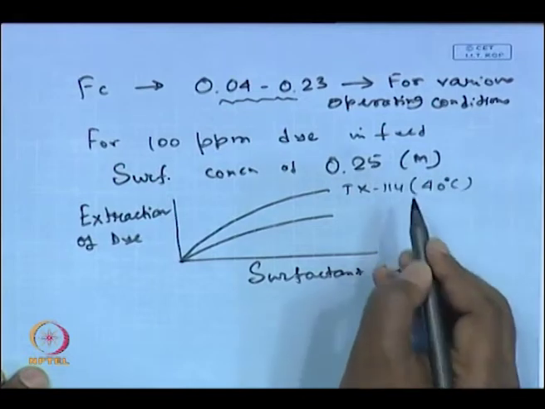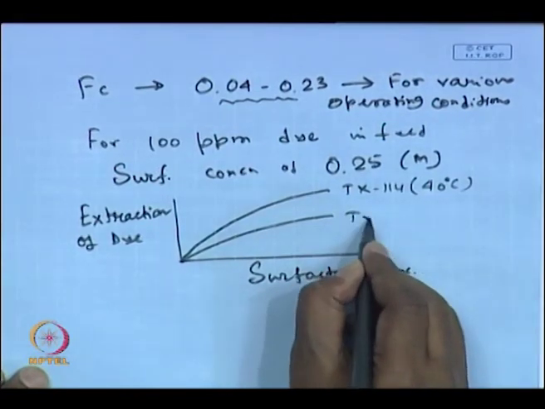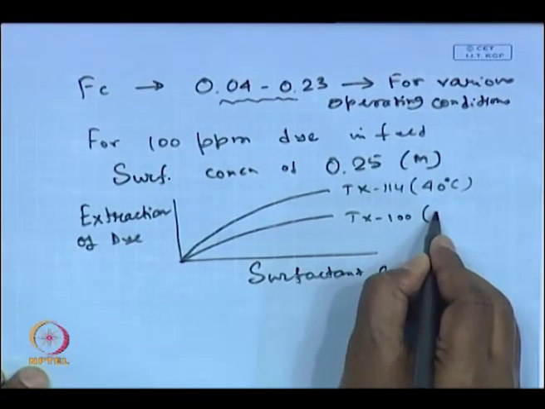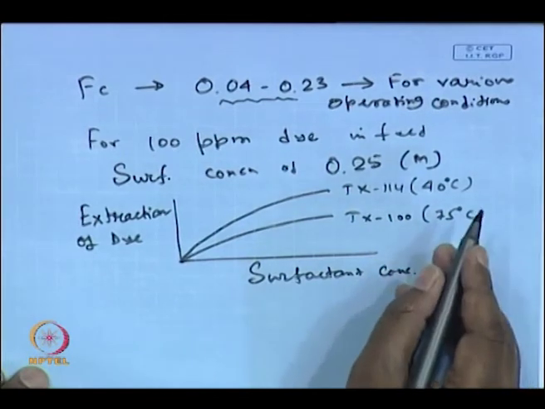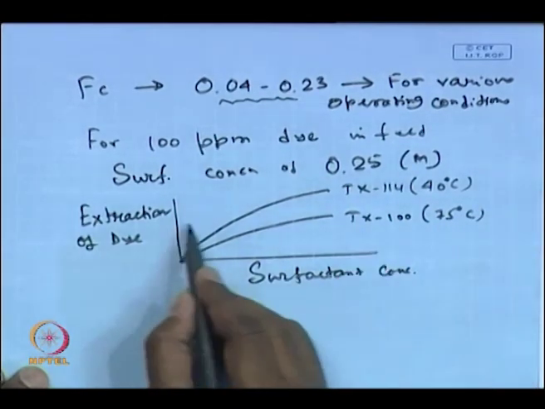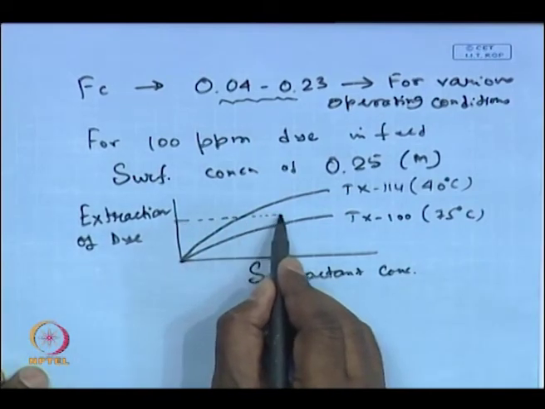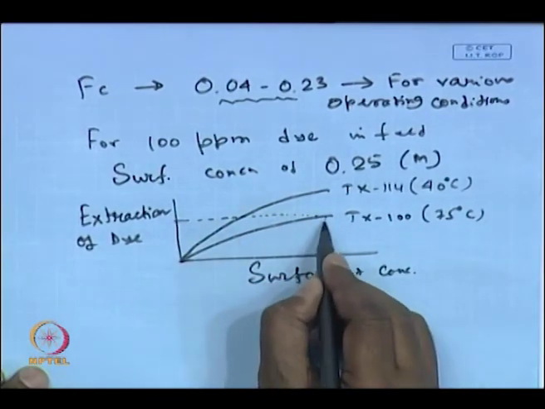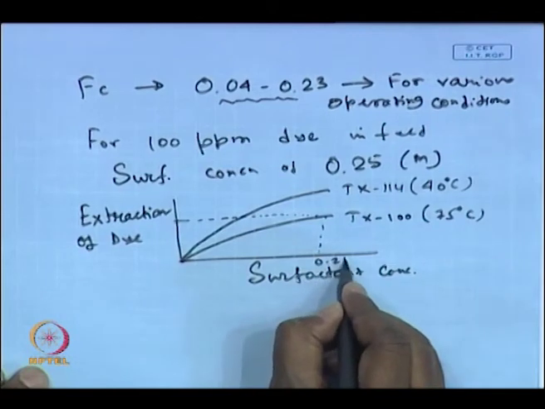The operating temperature is 40 degrees for TX 114, and for TX 100 the operating temperature is 75 degrees centigrade, and one can get an extraction efficiency that will be quite high.